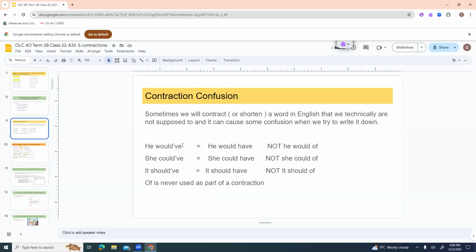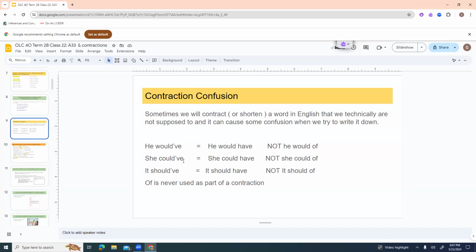So there are some contractions that are like 3-word contractions, like he would have becomes would've, and we've dropped the HA, but it sounds like of, like OF, he would of. But that doesn't make any sense because of doesn't really belong there. Would is a helper verb. It has to have another verb after it. And of isn't a verb, so it doesn't make any sense there. He would have gone if he'd known.